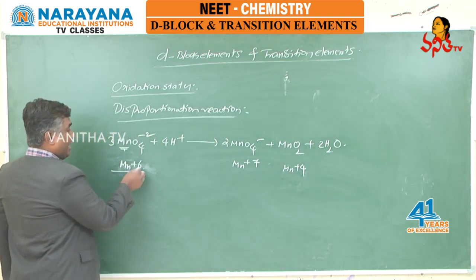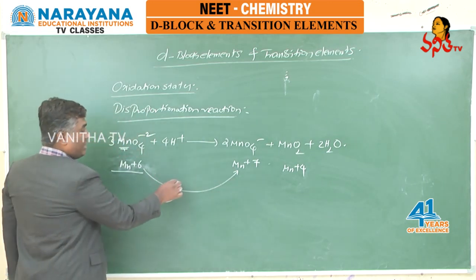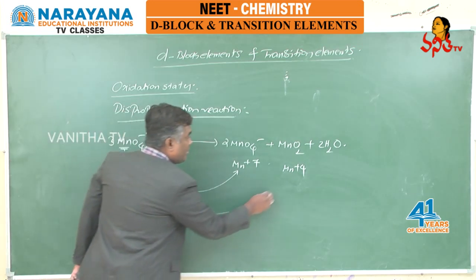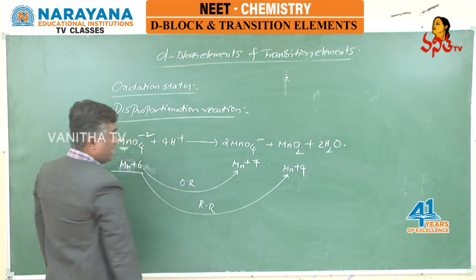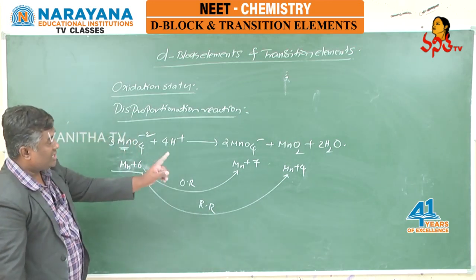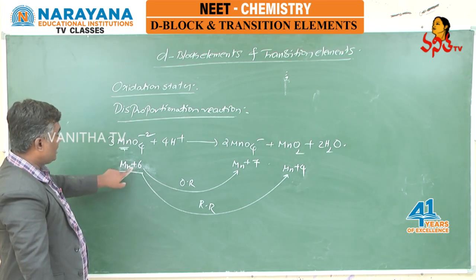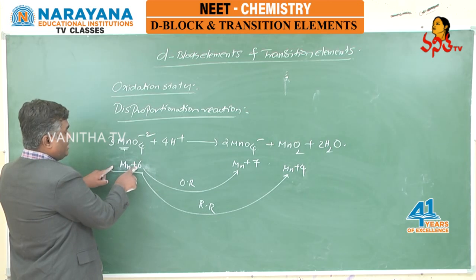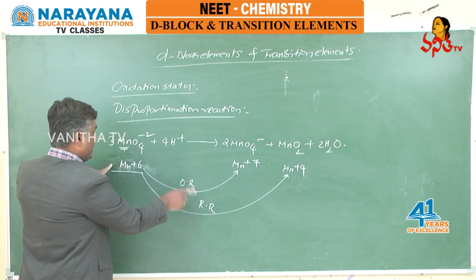In MnO4-, manganese is exhibiting +7, and in the form of MnO2, it is exhibiting +4 oxidation state. Here manganese +6 is becoming +7, an increase in the oxidation number, so it is an oxidation reaction. Manganese +6 is becoming manganese +4, a decrease in the oxidation number, so this is a reduction reaction. See students, in a reaction, on the reactant side we have an element with a particular oxidation state, and manganese in +6 oxidation state is participating in simultaneous oxidation and reduction reactions.